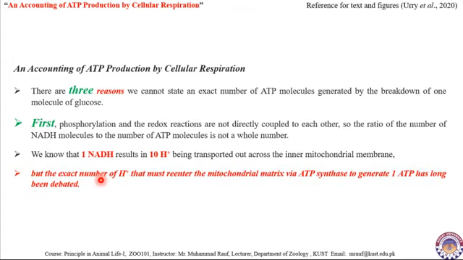But the exact number of hydrogen ions that must re-enter the mitochondrial matrix via ATP synthase to generate one ATP has long been debated.